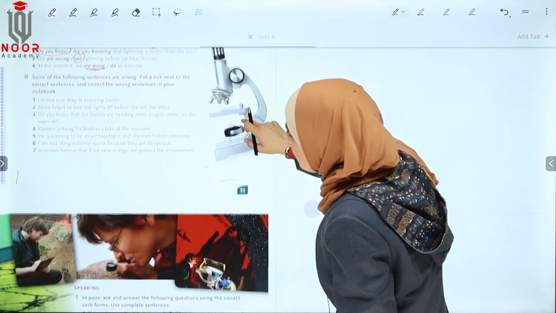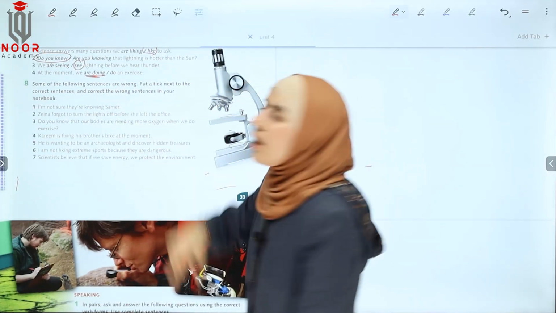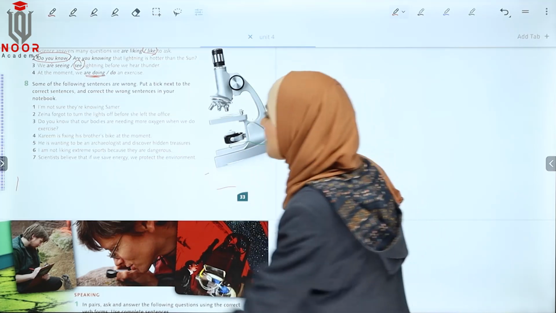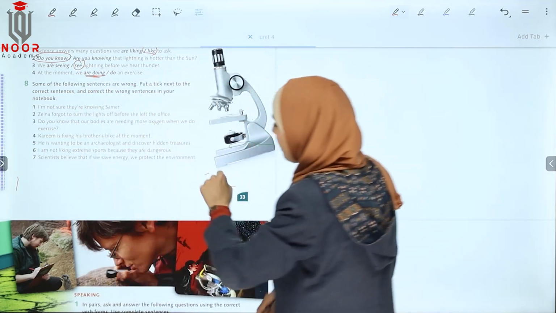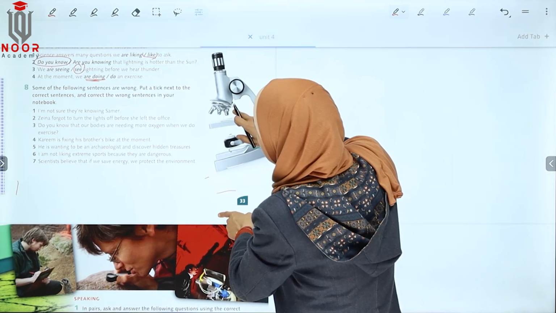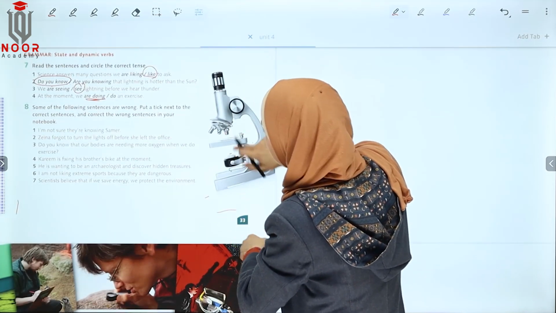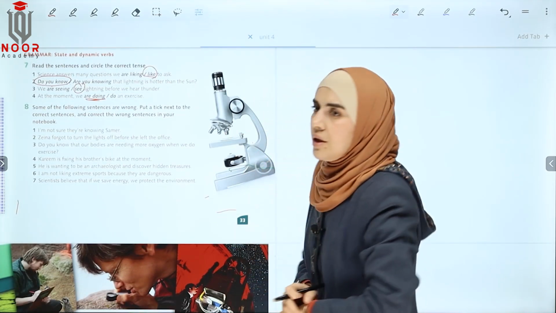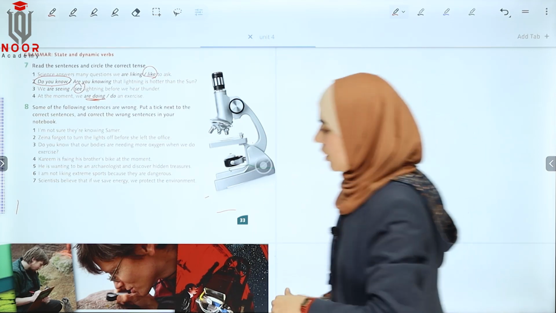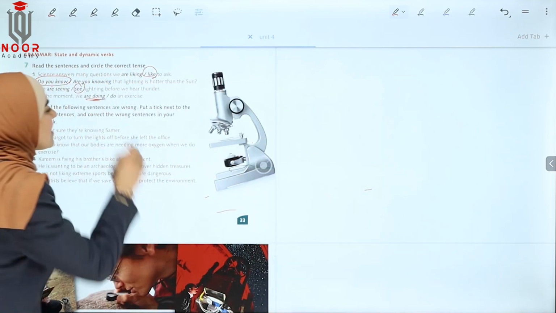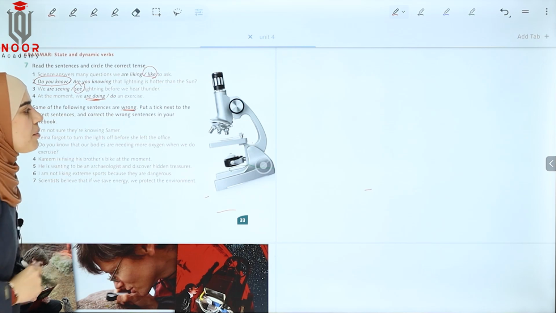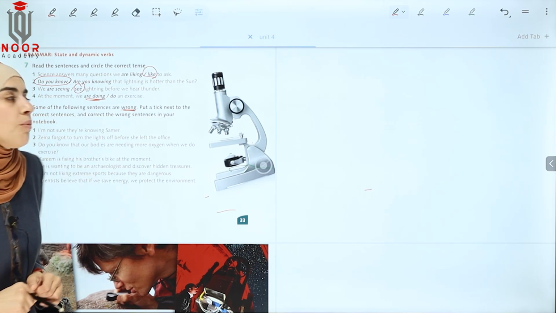Now, 7 and 8, some of the following sentences are wrong. So we have done with 7. Sorry, because I cannot notice the number of the questions. Some of the following sentences are wrong, شباب وصبايا. بعض منهم خطأ.